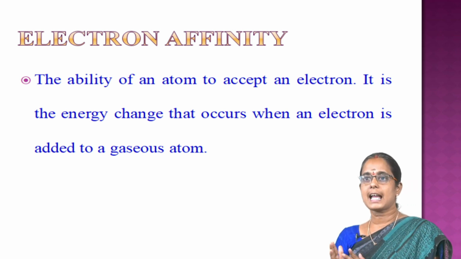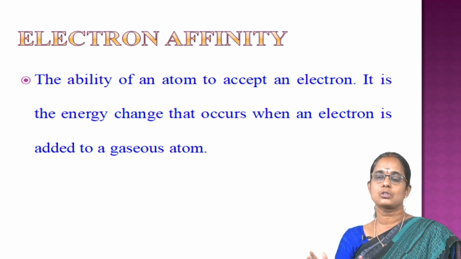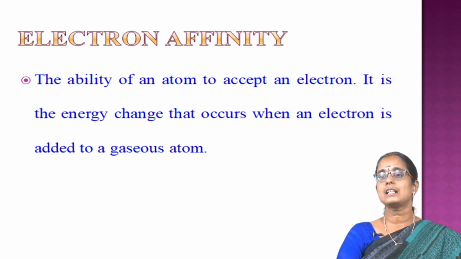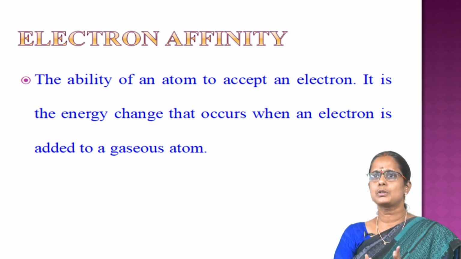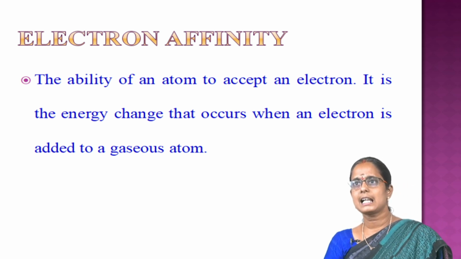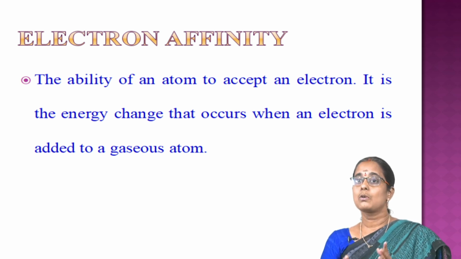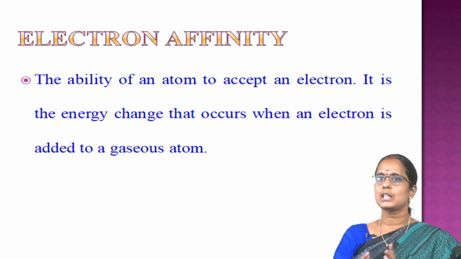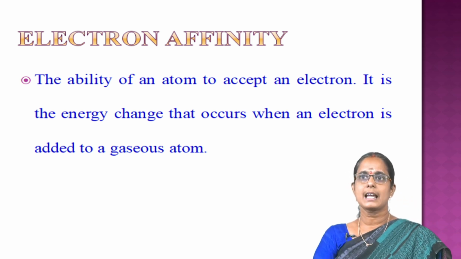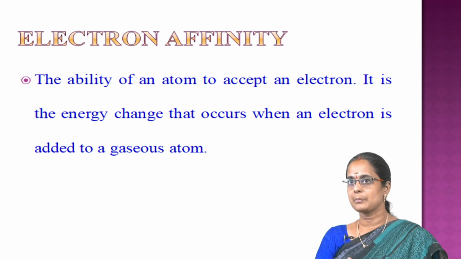Some generalizations can be made about the electron affinities of certain groups in the periodic table. In group 2, the alkaline earth metals have low electron affinity values. Thus, these elements are relatively stable because they have filled subshells.